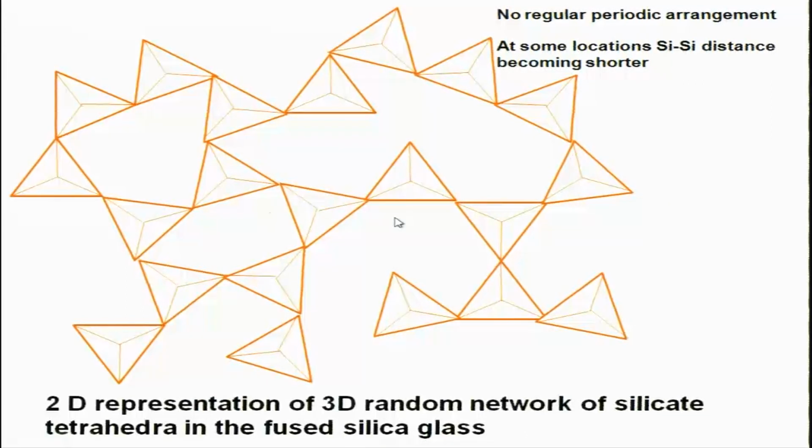Fused silica is amorphous. You can see that you have polyhedra, but they are all at random angles, with various possible coordinations. At some places the silicon distance is longer, at some places it is shorter. So, it does not have a regular periodic arrangement.